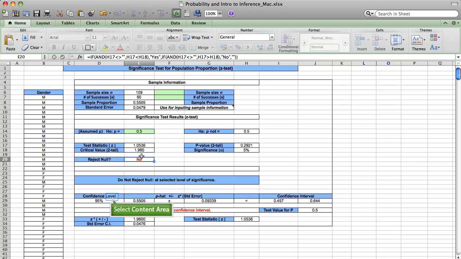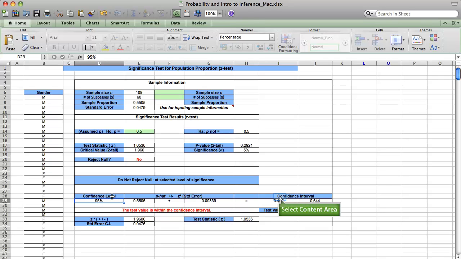Our 95% confidence interval also supports this decision. We are 95% confident that the population proportion of women in the entire population is somewhere between 45.7% and 64.4%.